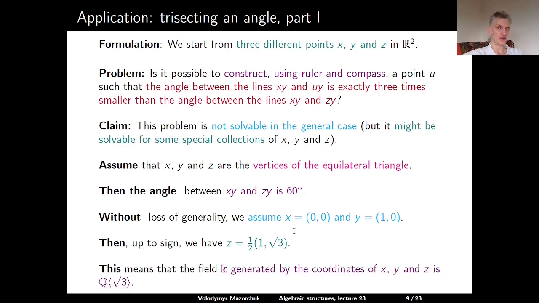And this means that our field k, which we start from, so the field generated by the coordinates of our points, is the extension of the rational numbers when we add to the rational numbers the square root of 3. So this is our starting field.